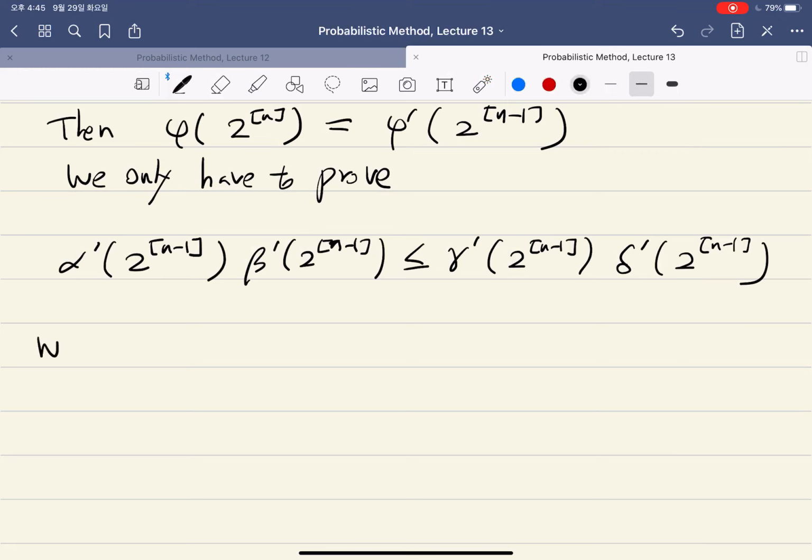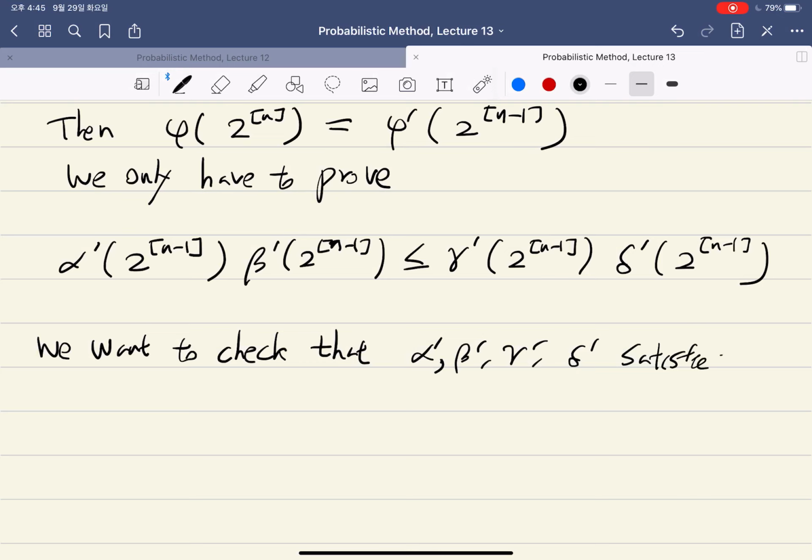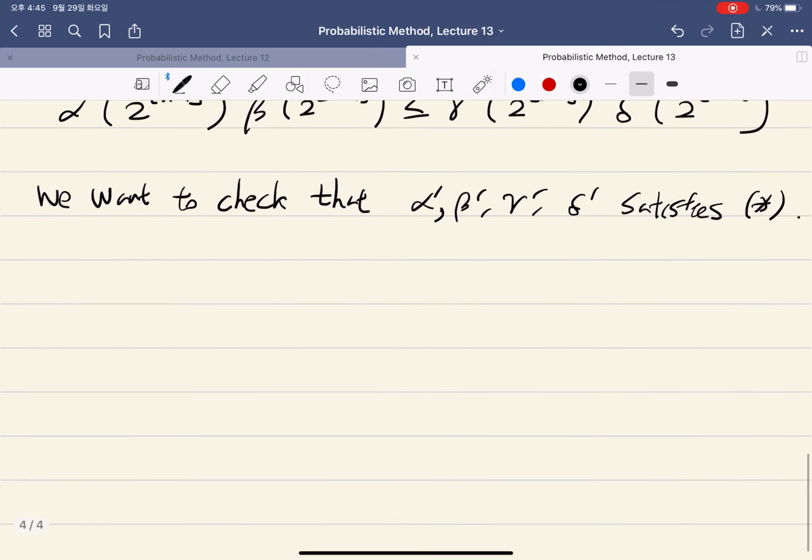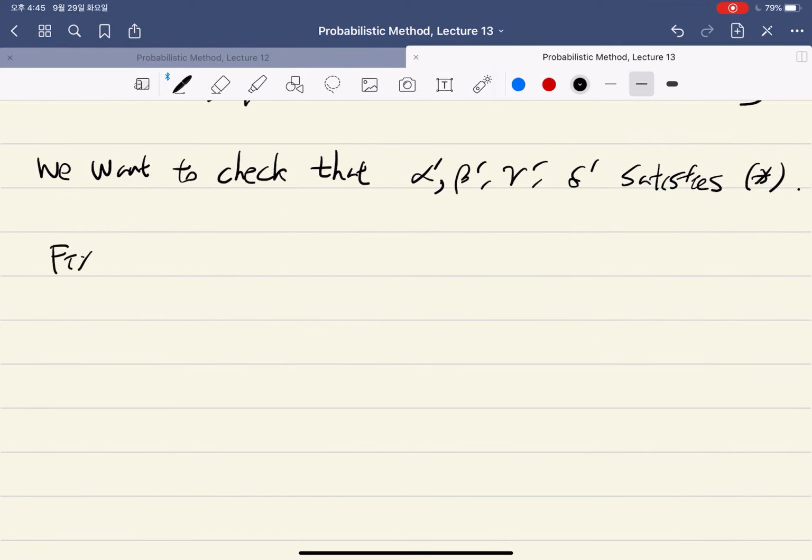So we want to check that alpha prime, beta prime, gamma prime, delta prime satisfy the condition. So we fix A prime and B prime, which are subsets of n minus 1.